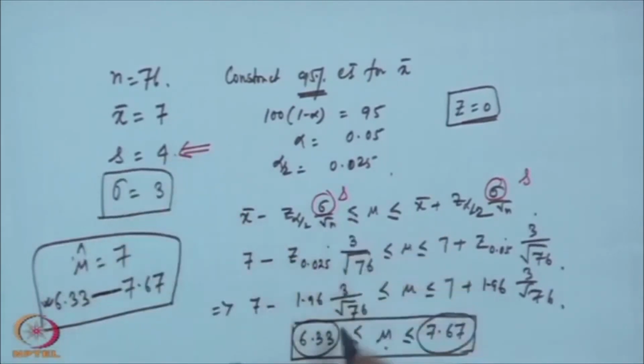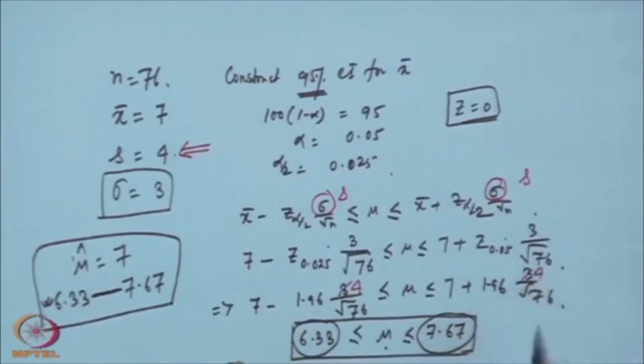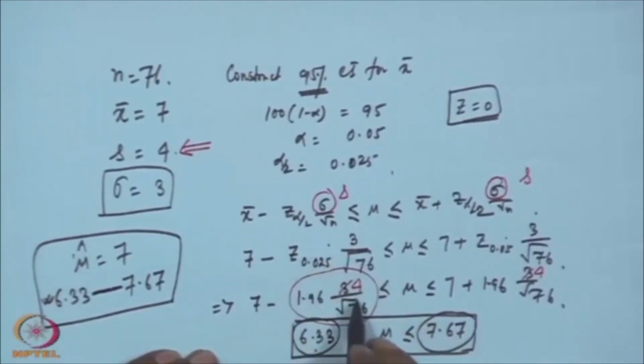So you replace 3 by 4 everywhere, and ultimately the resultant quantity will be bigger than the earlier one, and the interval will increase. If you compute this, you will find the interval increases.